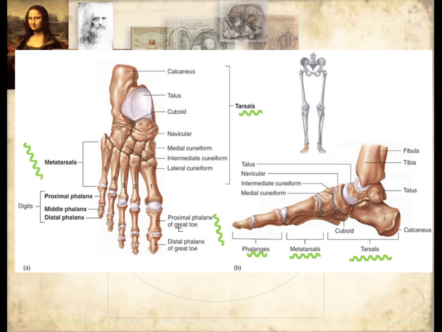This is the proximal phalanx of the great toe, and this is the distal phalanx. First is the proximal part, second is the distal part. In a digit there is the proximal phalanx, then middle, then distal, as I already said.